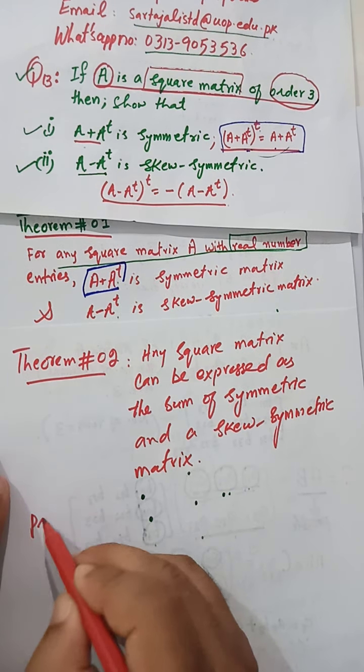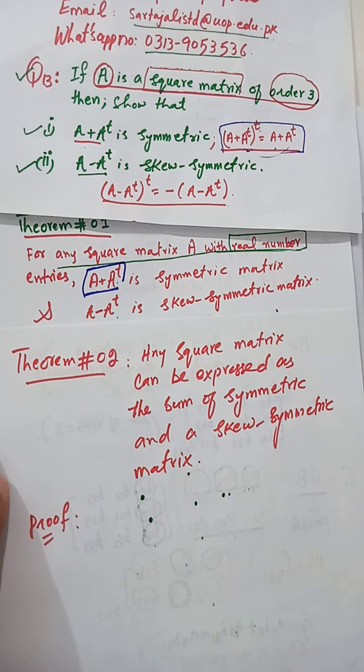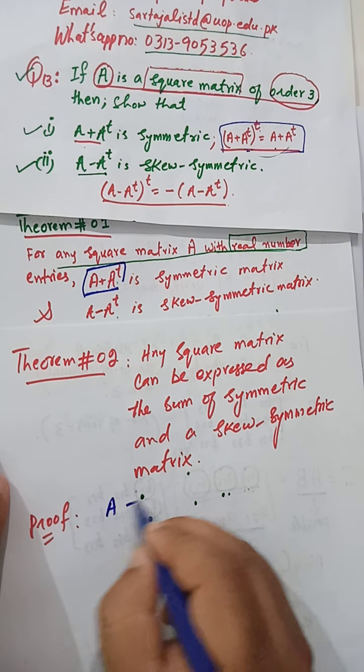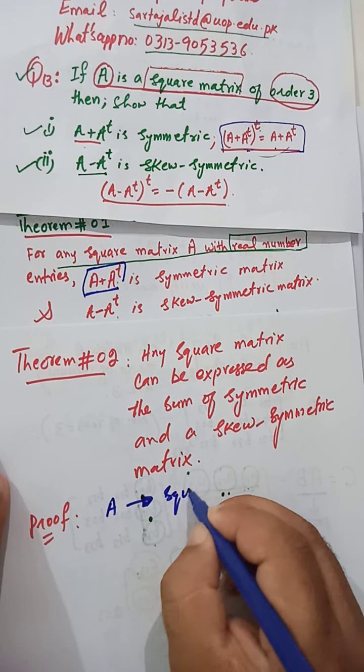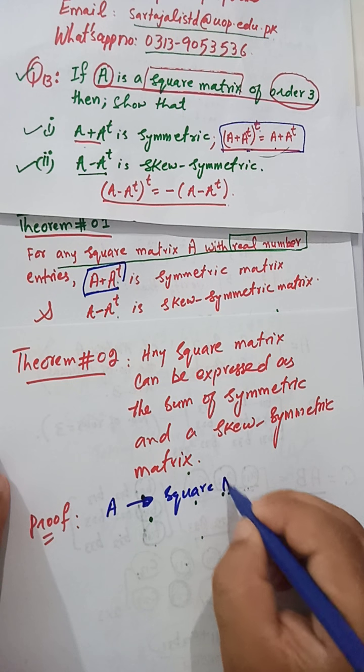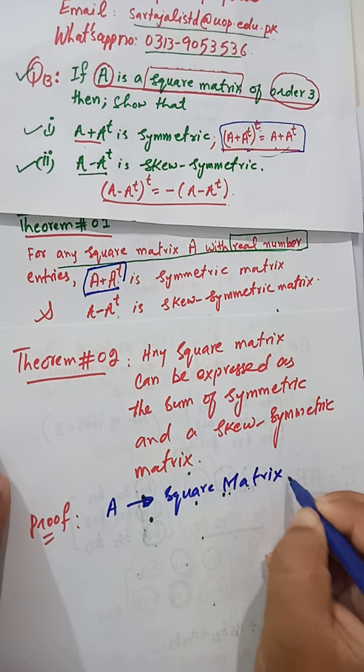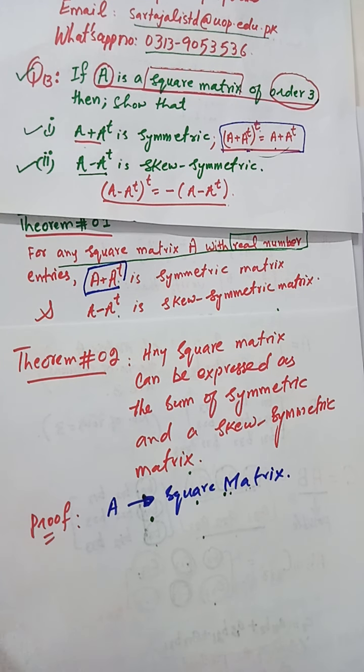If you consider a square matrix A, this may be any square matrix. The order may be 2 by 2, 3 by 3, 4 by 4, and so on. This may be a square matrix of any order.